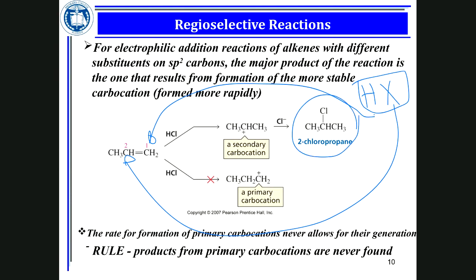Okay, if you change the condition of the reaction, if you bring a catalyst, and you force this reaction to form 1-chloro, then the product is going to be anti-Markovnikov. That means that it did not follow the Markovnikov rule.